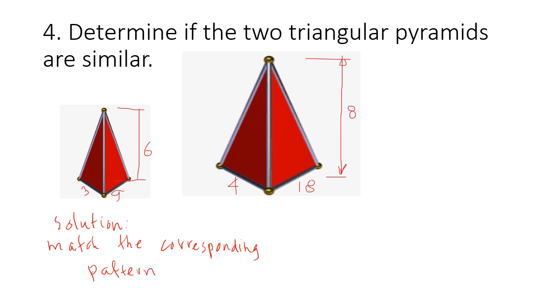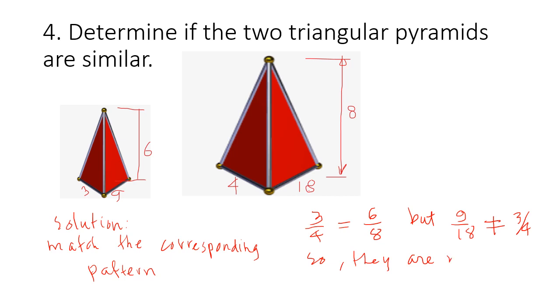So 3/4 equals 6/8, but 9/18 is not equal to 3/4. So these triangular pyramids are not similar.